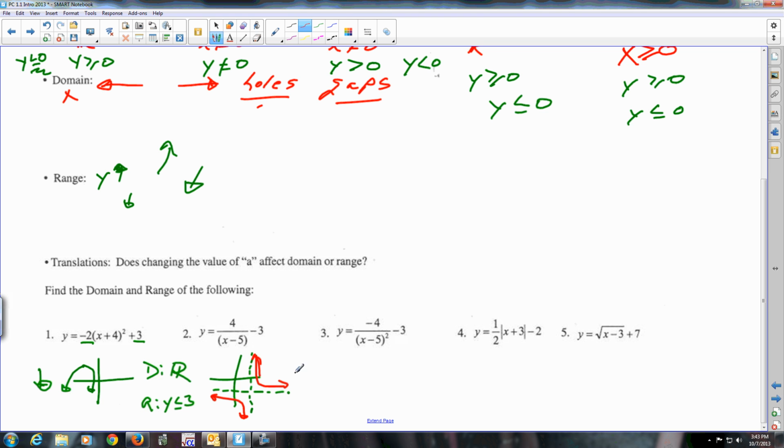Can you go as far right as you want? Yes, but you have a gap. Where's the gap? The gap for domain: x cannot be 5. We'll talk more later about why it's 5. Range. Can you go as high as you want? Yeah, low as you want? Yeah. Okay, so where's the gap? The gap is sitting at -3. So y cannot be -3.